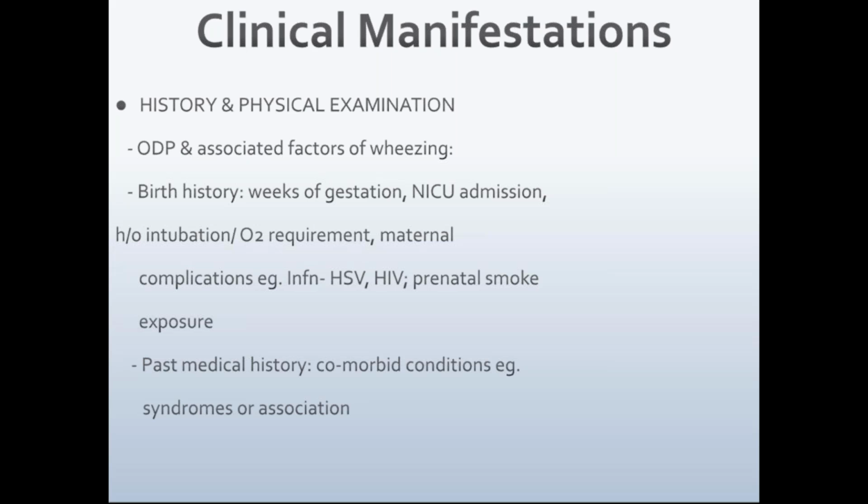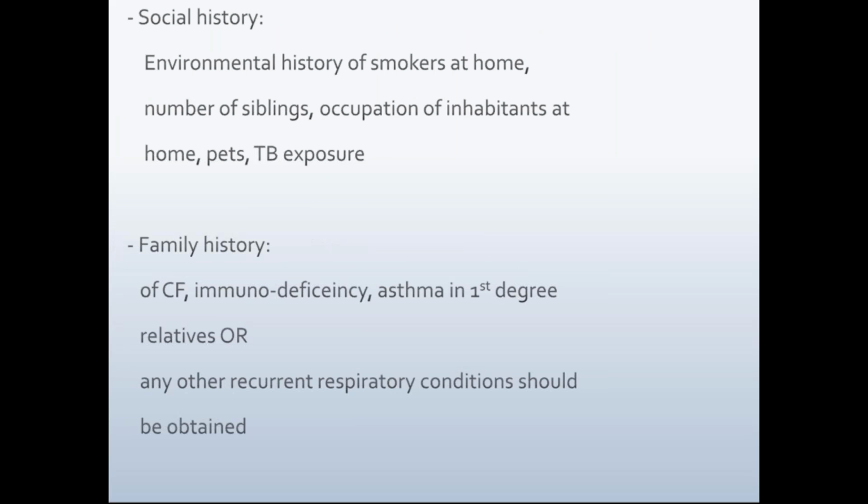So history should start from birth. Family history of cystic fibrosis, one must ask. Any history of immunodeficiencies like Job syndrome, history of asthma in first degree relatives, or any other recurrent respiratory conditions should be obtained when you are taking your history.